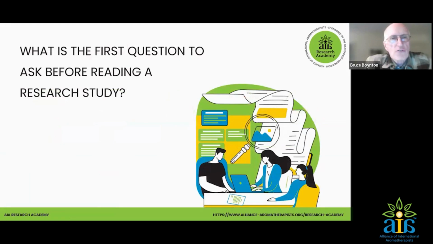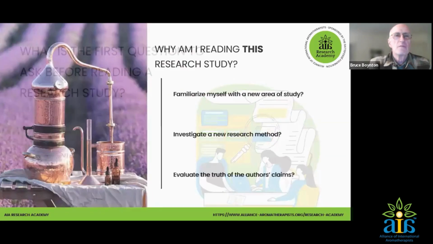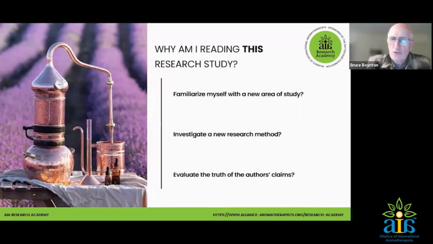Now, what is the first question to ask before you read a research study? Anyone have any ideas? Why am I reading this research study? When I was in school, I tried to read everything, and I read a lot of really boring studies that I've completely forgotten that didn't have anything to do with what I was doing.